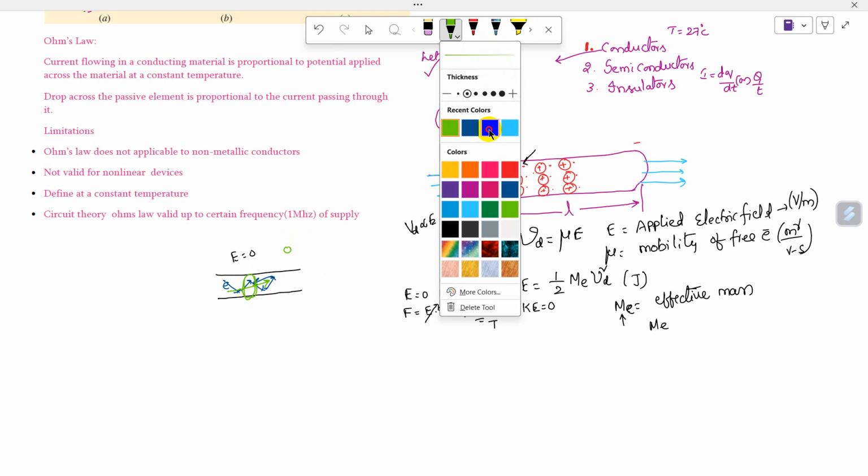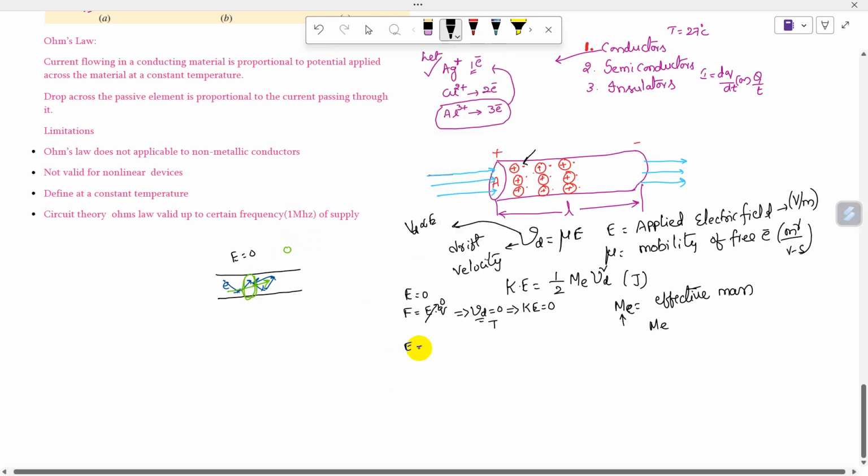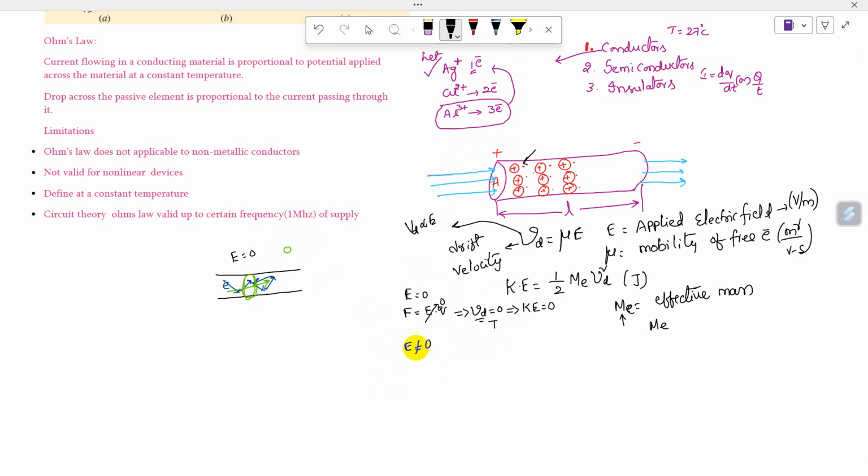Now, when E is not equal to 0, there is some force existing on the charge Q, with units in newtons. Here Q is the total charge.